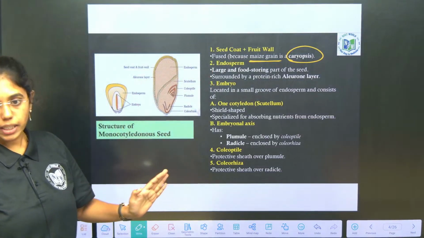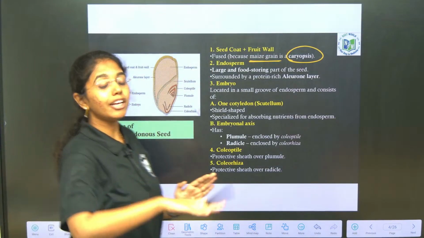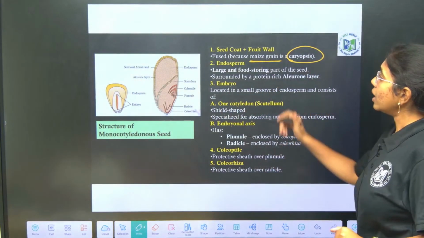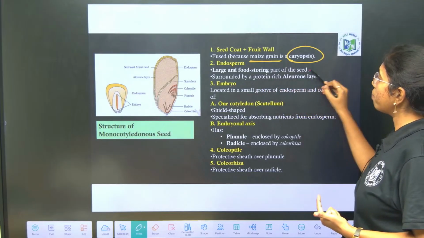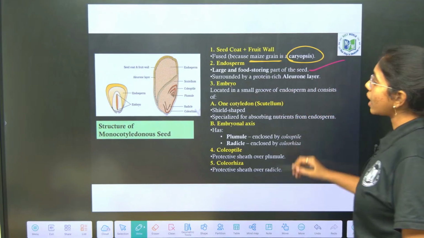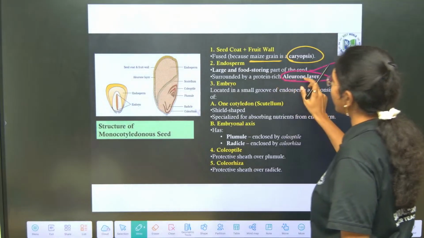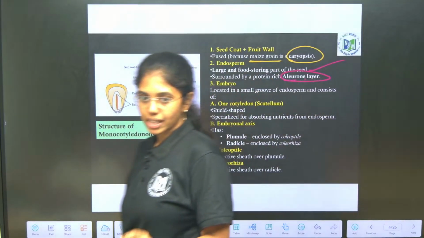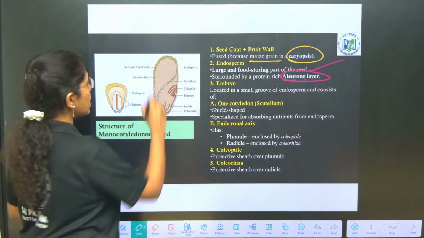Endosperm is persistent. It is not completely utilized for embryo development here. This is the large, food-storing part of the seed, surrounded by a protein-rich layer called the aleurone layer. Maize is the best example.